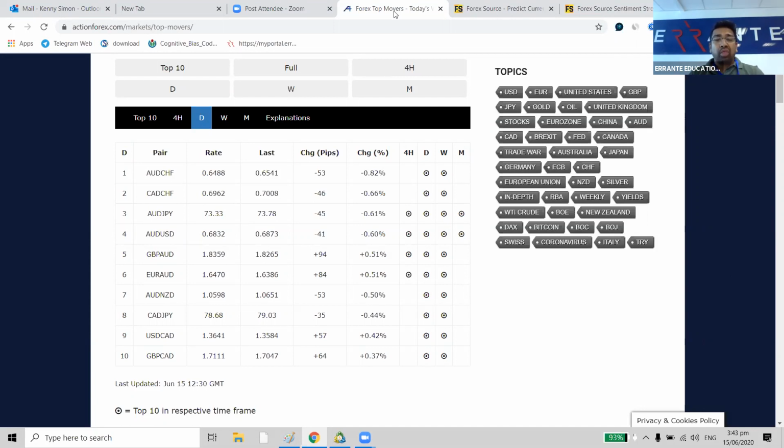So when we think about COVID-19 again, investors and traders will also have similar emotions, and that emotion is more like a fearful type of emotion.